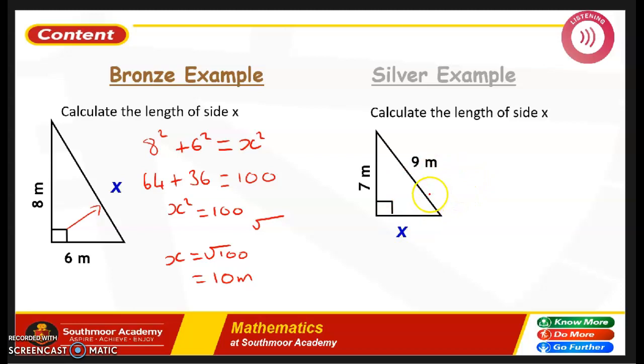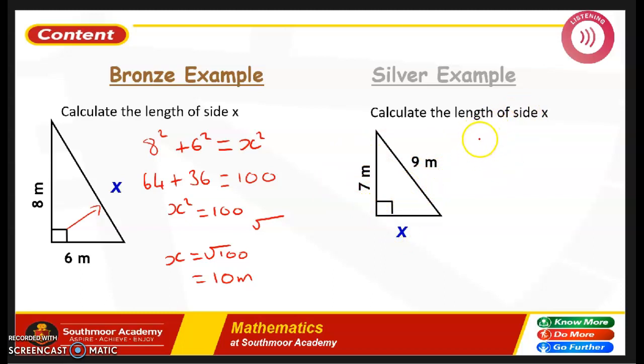So here, on our silver example, we're no longer finding the hypotenuse, we are finding the shorter side. So this time, instead of adding the two numbers, we're going to do a subtraction. So we're going to do the largest side squared, subtract the smaller side squared to get this value here.